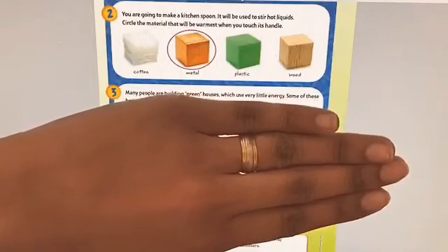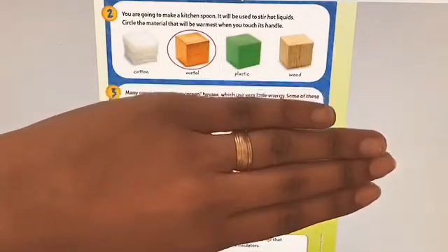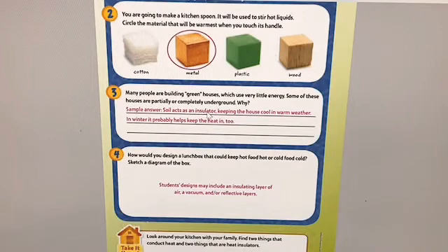Why do you think they built houses under the ground? To be cool? Oh, maybe. Soil acts as an insulator, keeping the house cool in warm weather. In winter, it probably helps keep the heat in too. So I was right. They want to be cool.